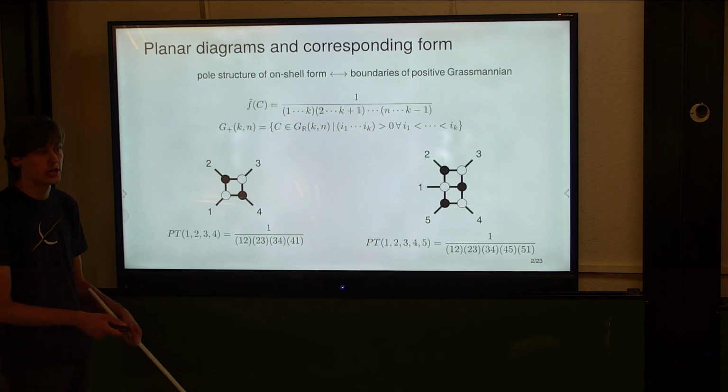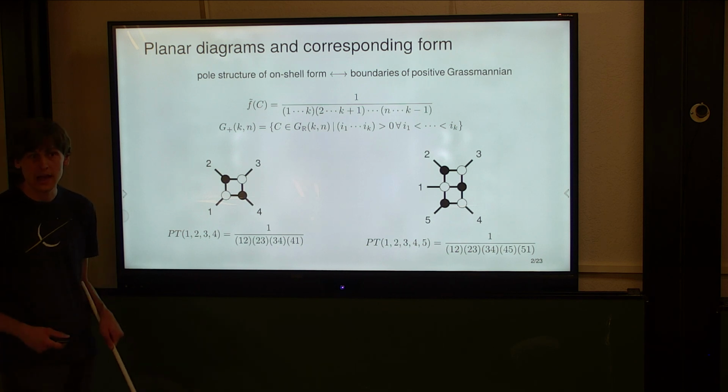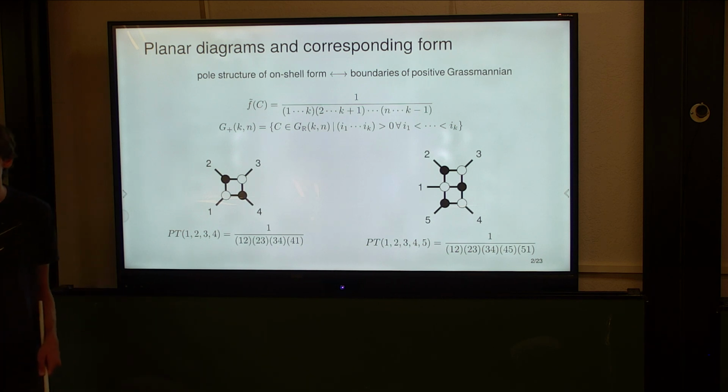Really, this on-shell form corresponding to the diagram, the one necessary to compute the amplitude, is the canonical form of the positive Grassmannian, which are k by n matrices with real entries, positive minors, and some GL(k) invariance encoded.